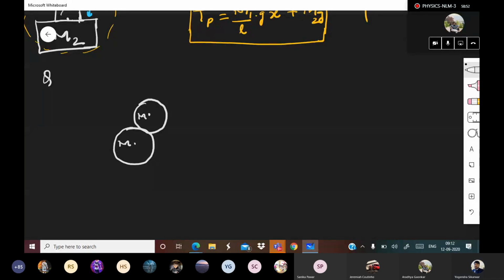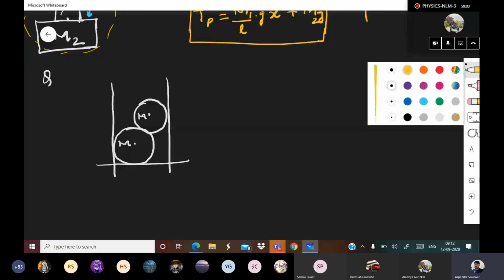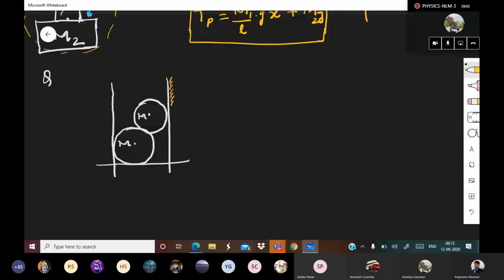And these are kept in a container like this.